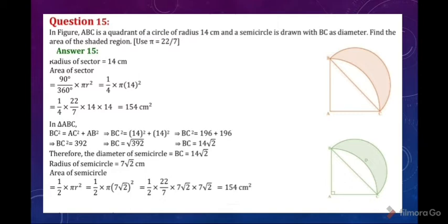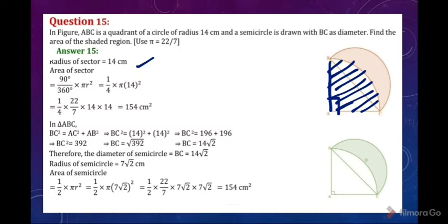First of all, the radius of the sector is given as 14 centimeter. So you can easily find the area of this minor sector because theta is given as 90 degrees and r is given as 14 centimeter. I am finding the area of the sector by the formula theta by 360 degrees into pi r square, where r is equal to 14 and theta is equal to 90 degrees.